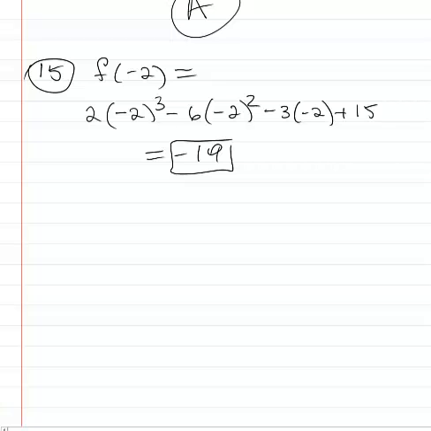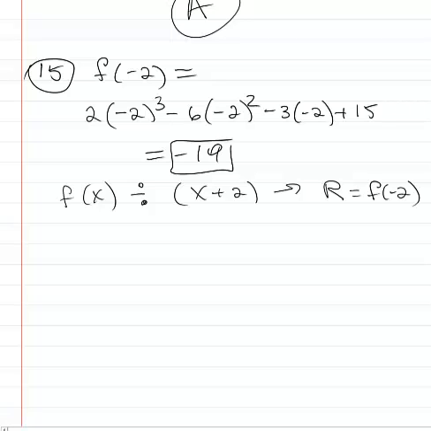Now, how does the remainder theorem work? It says the following. If you take your polynomial, the original one, I don't want to copy it, just the way it was originally, and you're dividing it by the factor that gives us minus 2, which is x plus 2, then the remainder that you would obtain will be the same as the functional value.